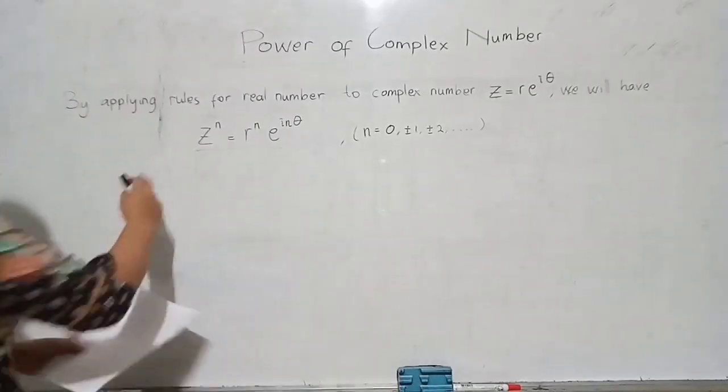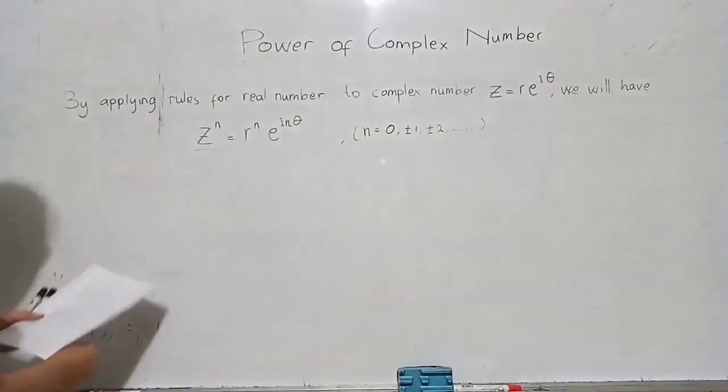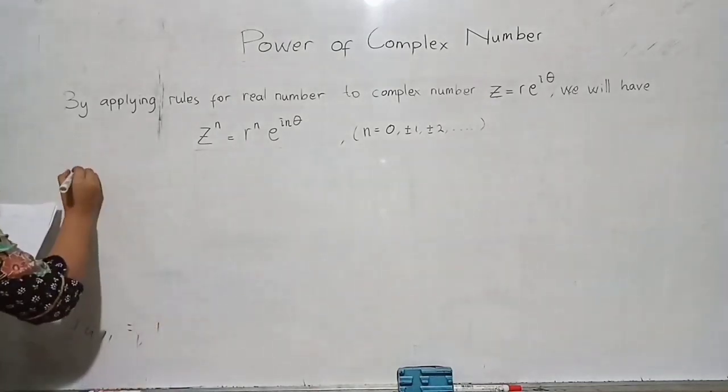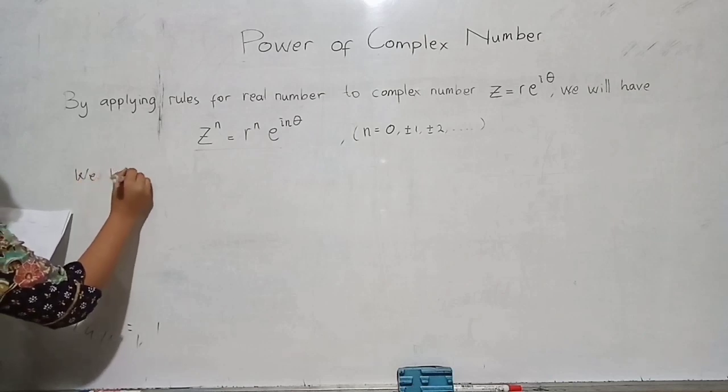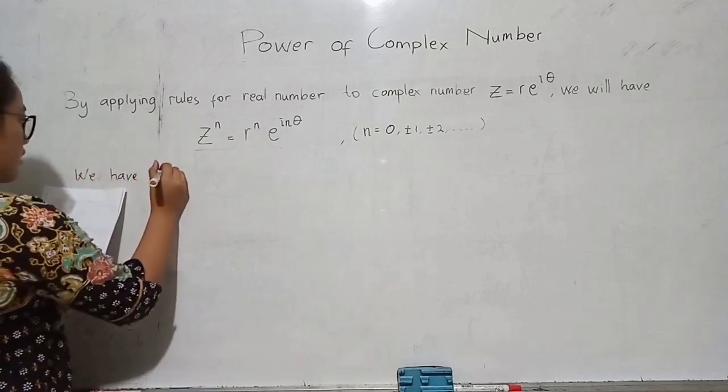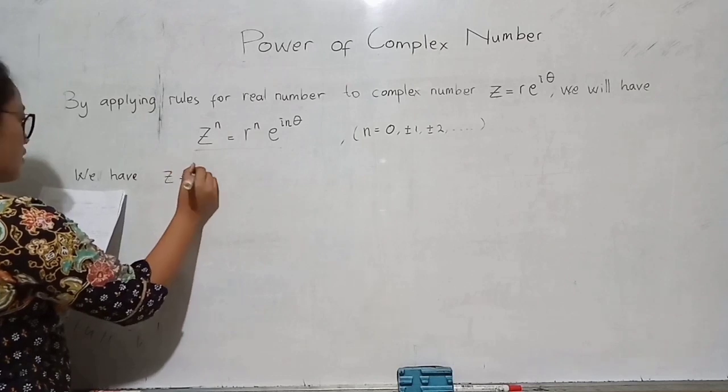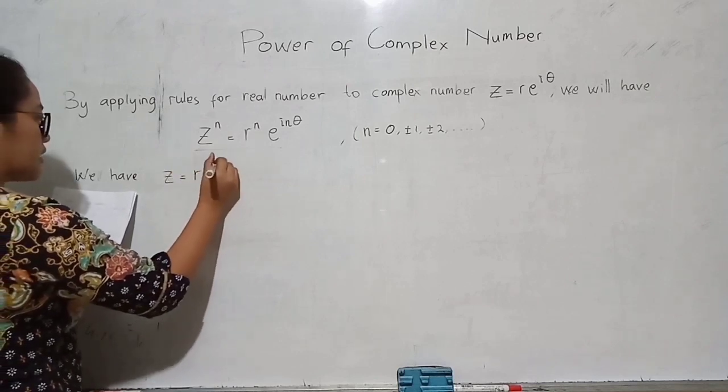Next, we will check this one. First, we have Z equal to r times exponential i theta.